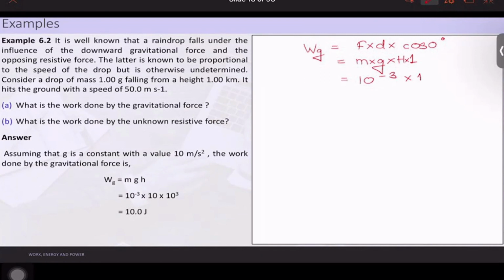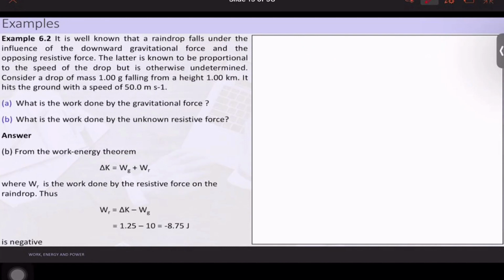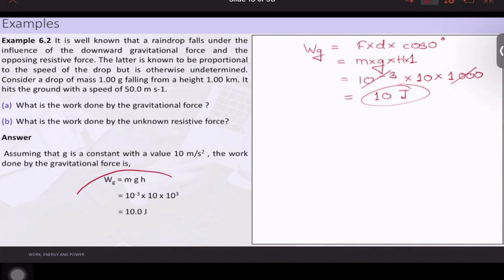They have assumed g as 10 and the value of height as 1000. So this and this get cancelled. This will be 10 joules. The first thing we asked was what is the work done by the gravitational force? Therefore, the work done by the gravitational force is equal to 10 joules.